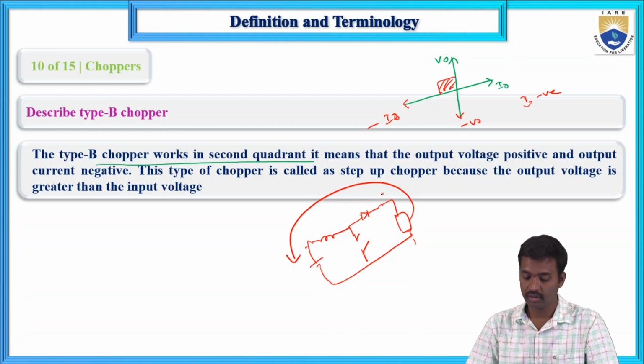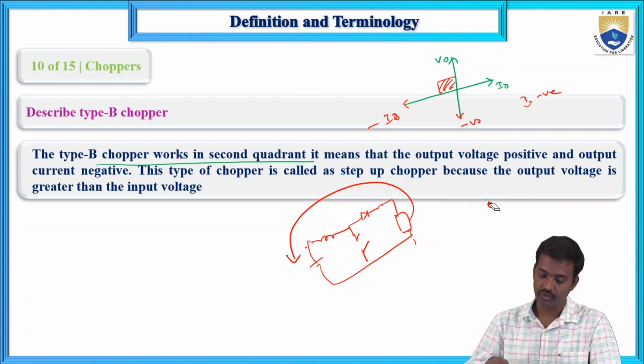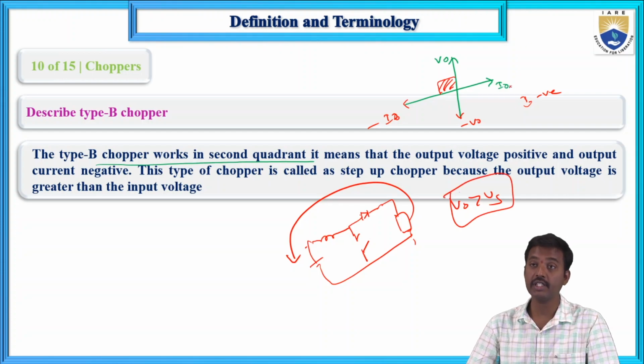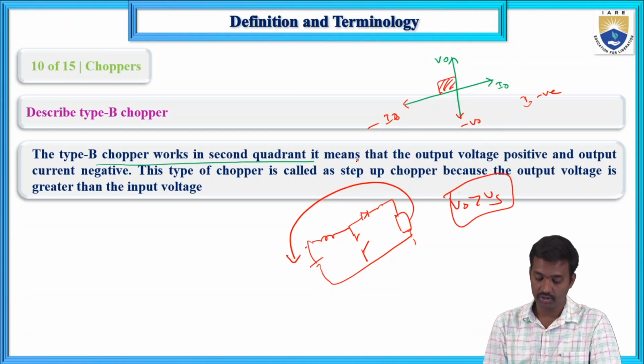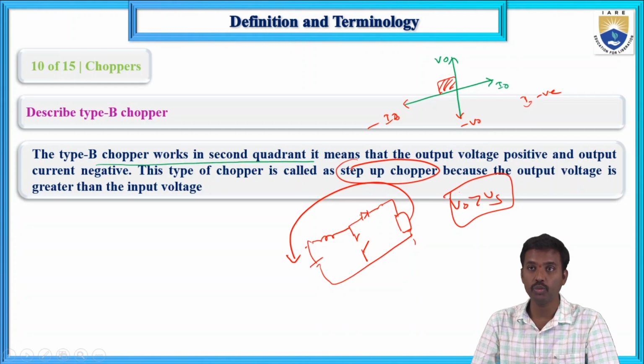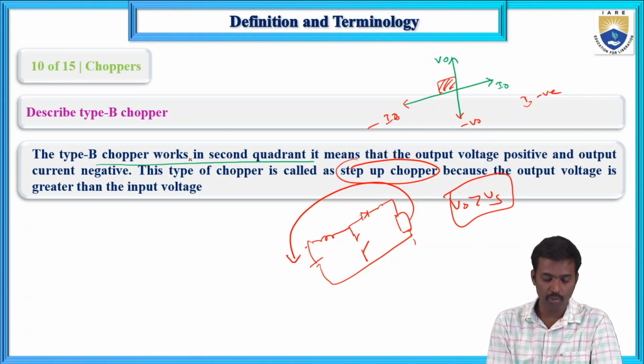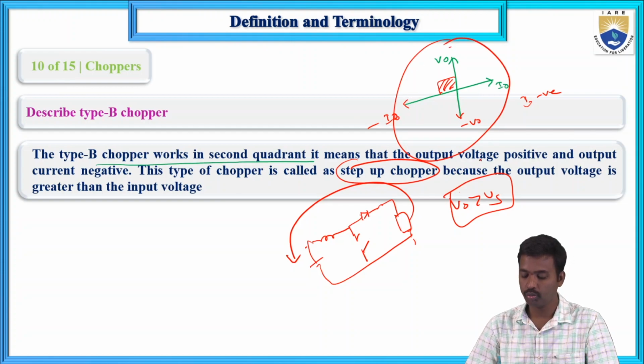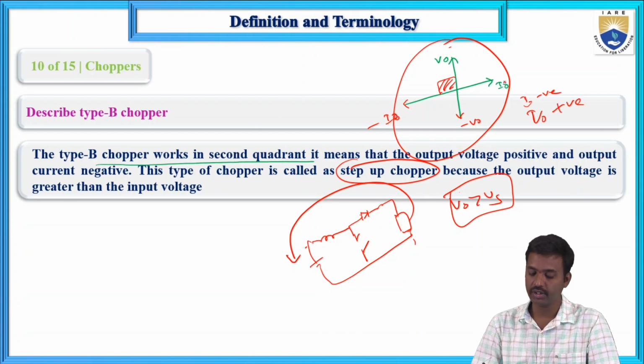Here V naught is greater than Vs, so this is a step up chopper, that means boost converter. So class B chopper works in the second quadrant, meaning the output voltage V naught is positive and the output current is negative.